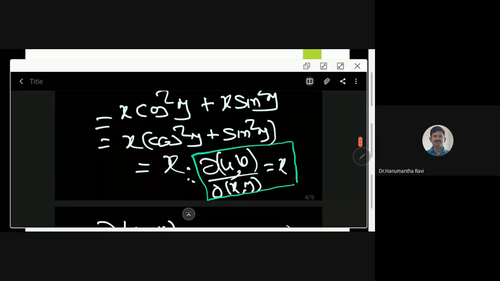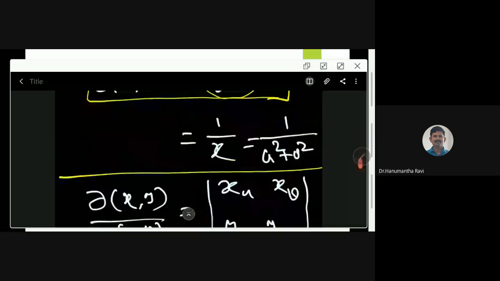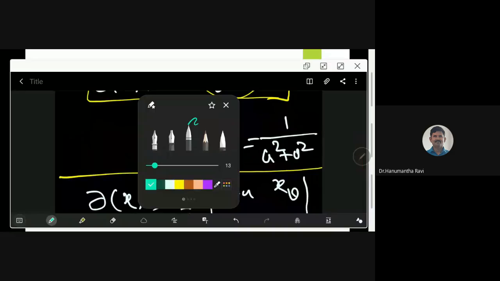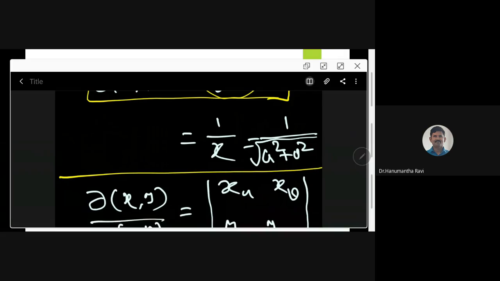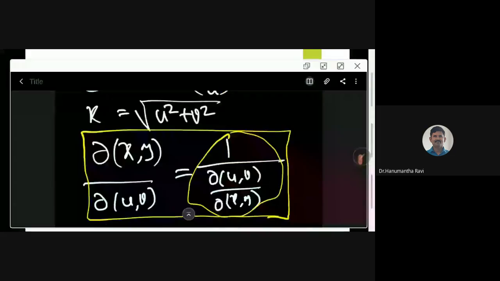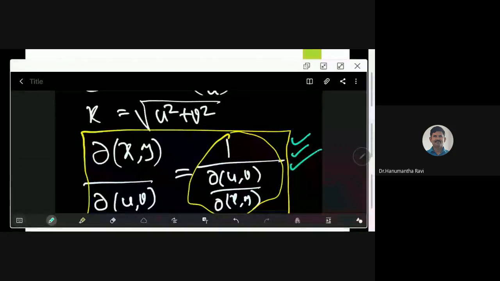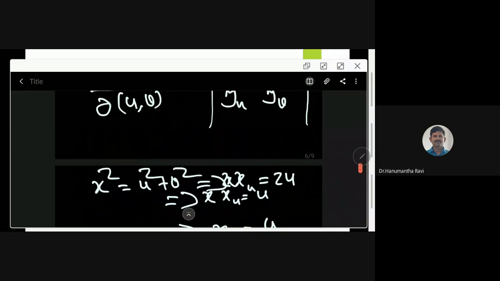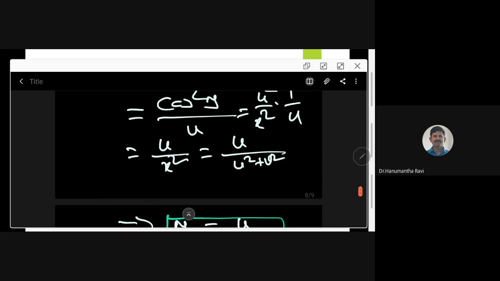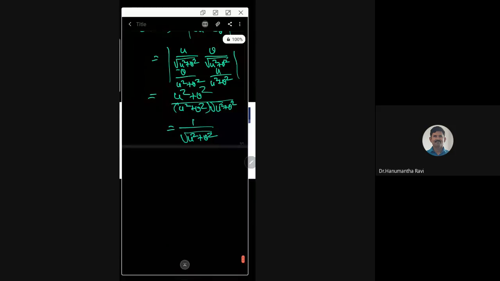We got x, so here we need to put x, meaning square root of u square plus v square. So without doing all these things, we already got it using this property. But if you want to use the definition, this whole process you have to do. So that is the advantage with the properties. See here what we have done.